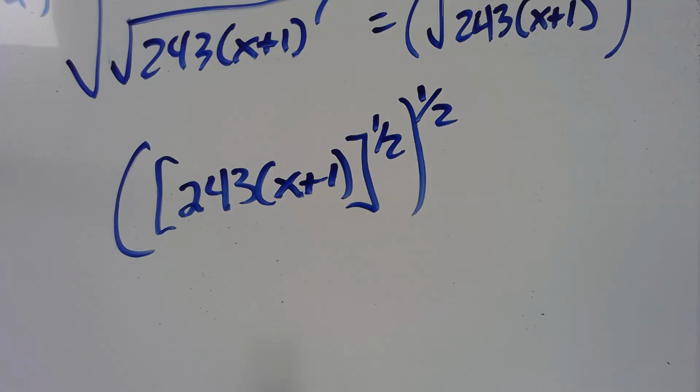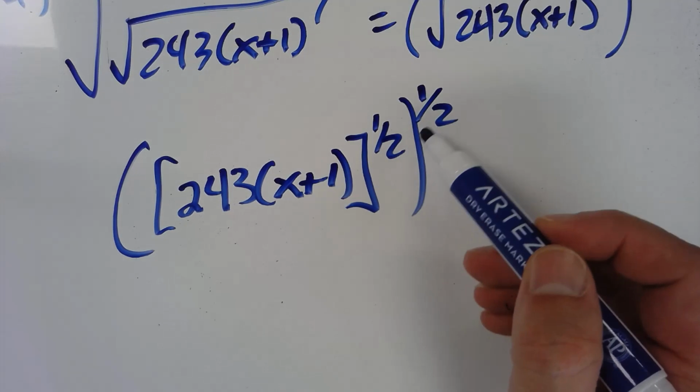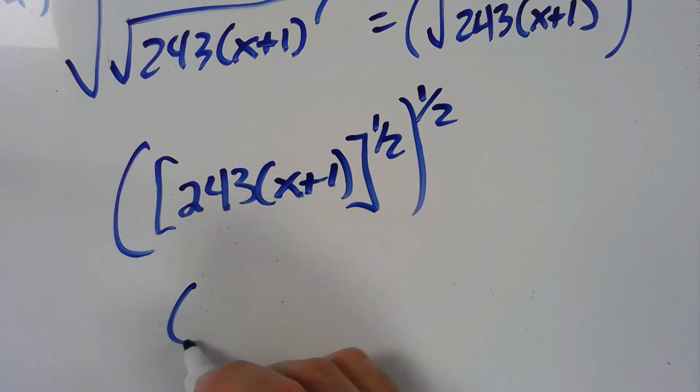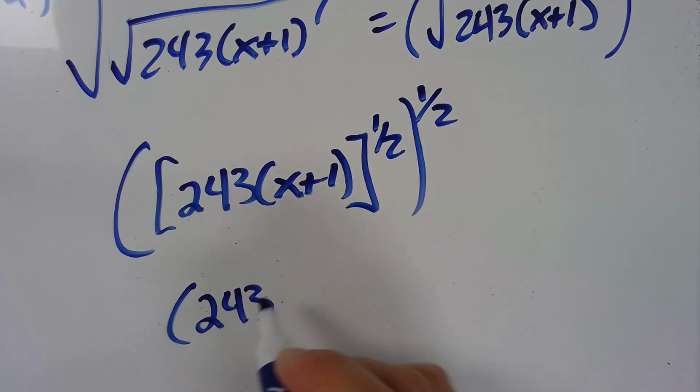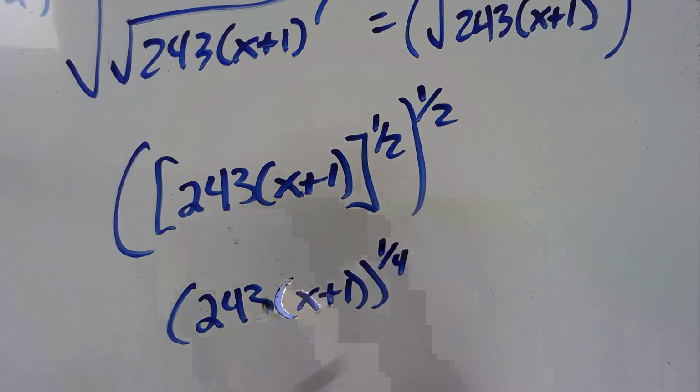So 1 times 1 is 1, 2 times 2 is 4. So then we're saying 243 to the 1/4. So the 1/4, that's where you get the fourth root. And then, of course, you could write that as the fourth root.